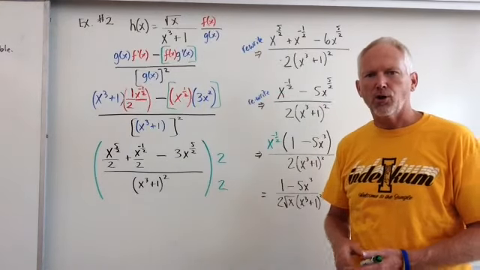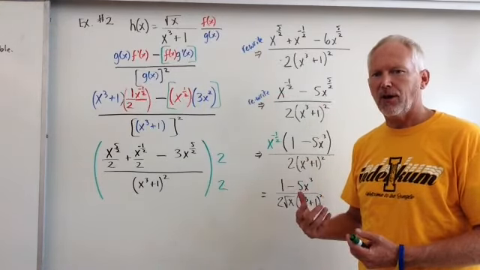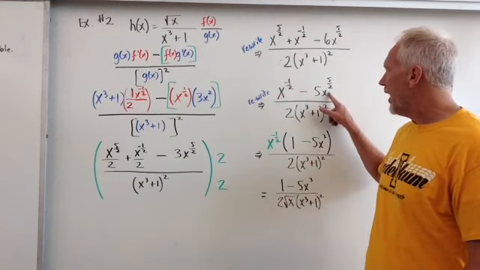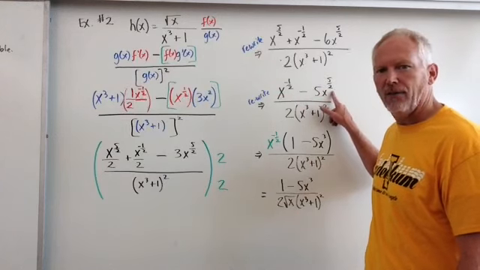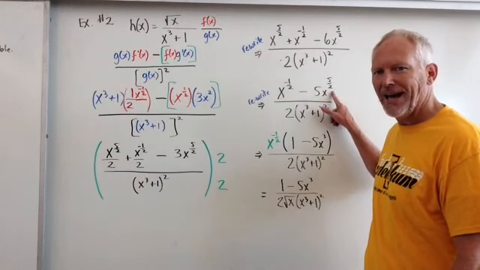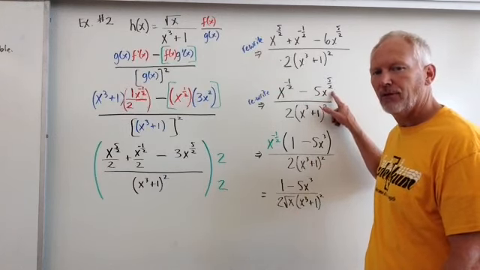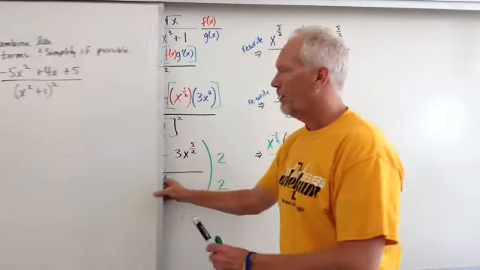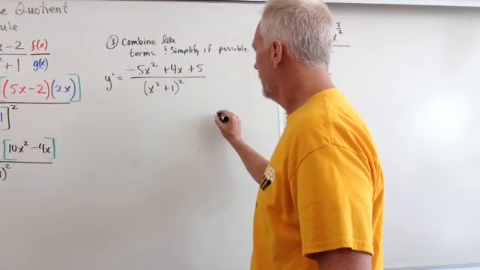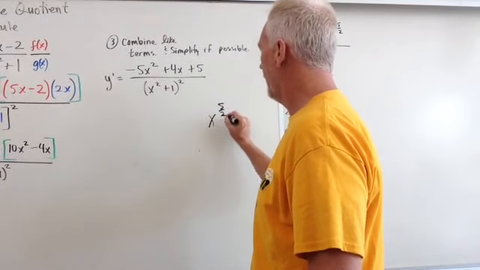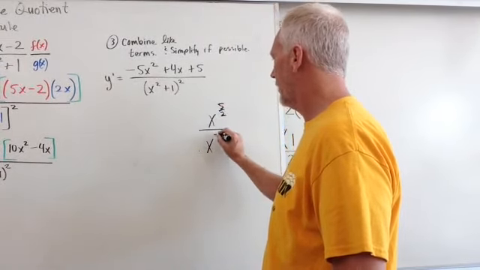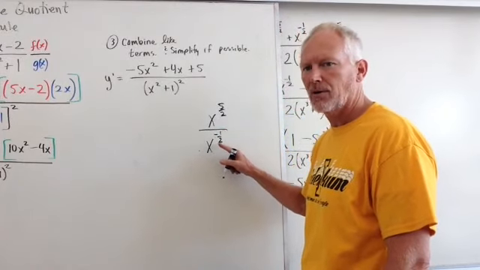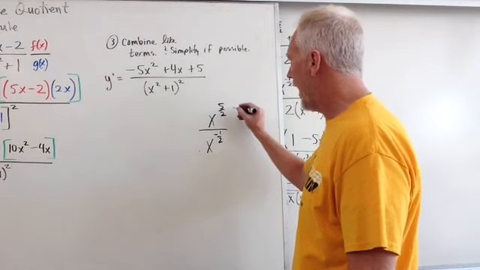Now, I urge you to stop the video and figure out what happens if you divide x to the 5/2 by x to the negative 1/2. Let's do it really quick. If I say x to the 5/2 divided by x to the negative 1/2, remember, when we divide exponents, we actually subtract them.